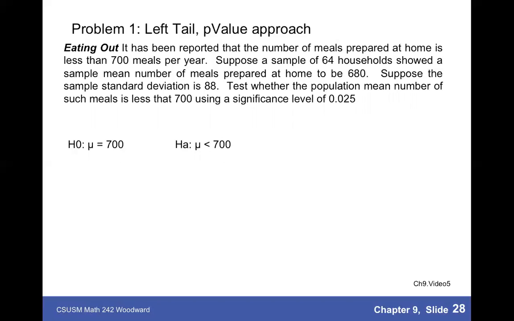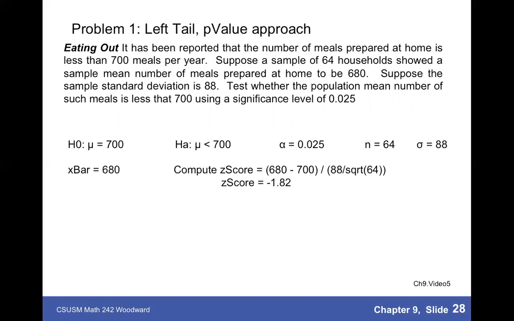H naught was the same, and alpha, n, and sigma are the same, and x bar is the same. I compute my z-score, and I get minus 1.82. But what you do now is you go look in your table B, and you'll find z-score minus 1.82, and you'll find the area to the left, because it's a left tail test, and you'll find that area is 0.0344.